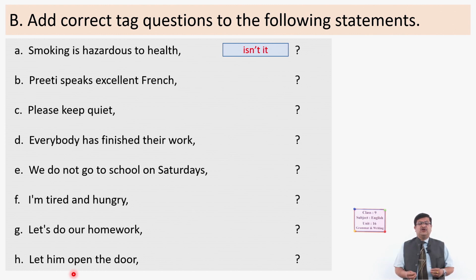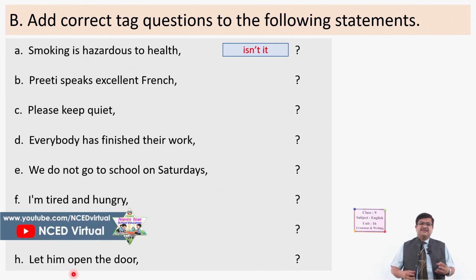Another basic rule is, if you identify the verb, then you need to again confirm whether the sentence is affirmative or negative. If the sentence is affirmative, the tag must be negative. If a sentence is negative, the tag must be affirmative.